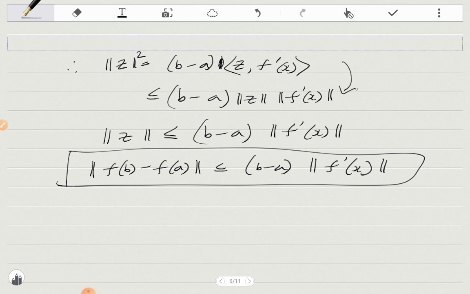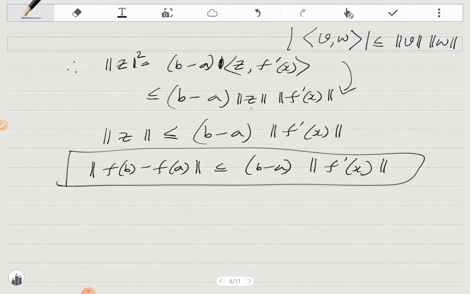Now from here to here, I have used the Cauchy-Schwarz inequality, which is: the absolute value of the inner product of v and w is less than or equal to norm v times norm w. So this will be less than or equal to norm z times norm of f prime(x).